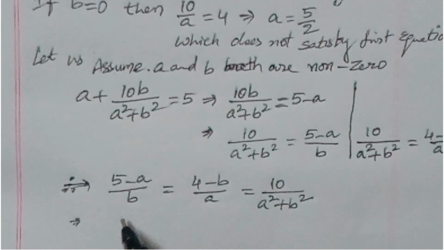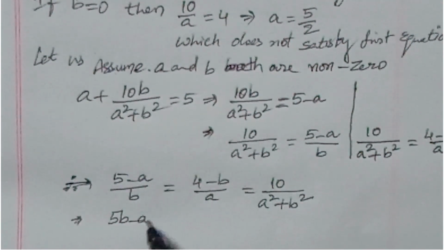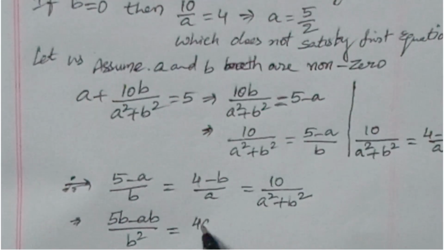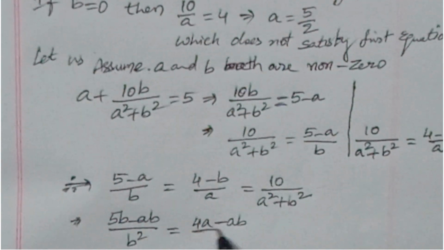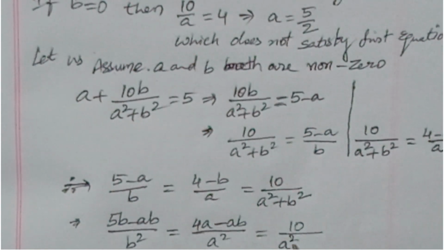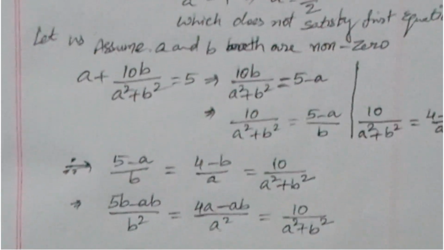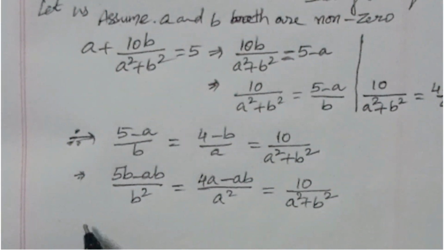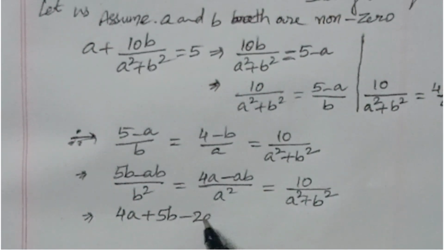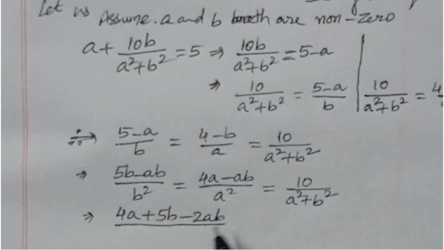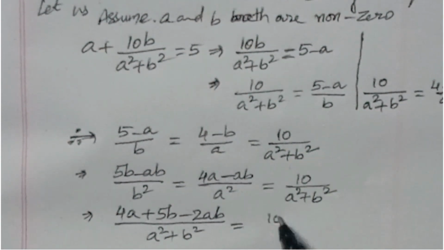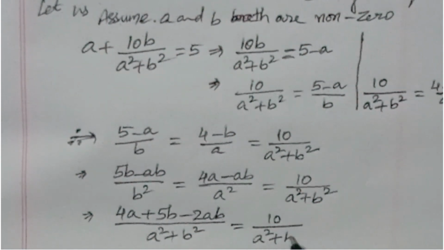Now multiplying this one with b, (5b minus ab)/b² is equal to, multiplying this with a, (4a minus ab)/a² is equal to 10/(a² + b²). So if you solve this, what you'll get here? (4a + 5b minus 2ab)/(a² + b²) is equal to 10/(a² + b²).